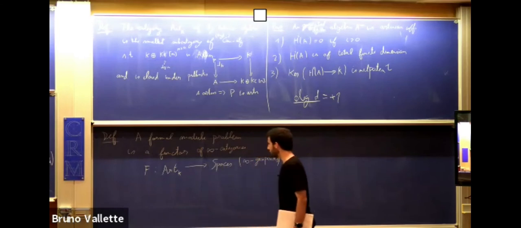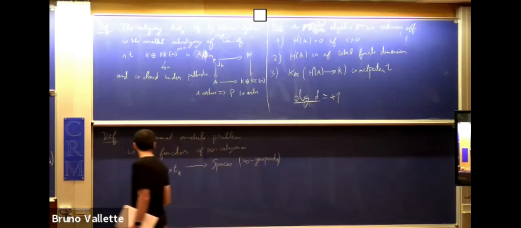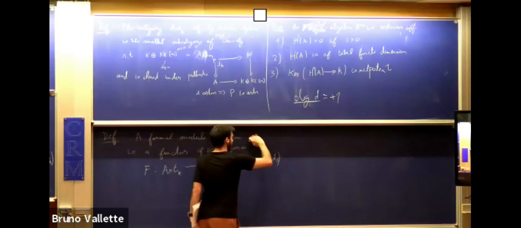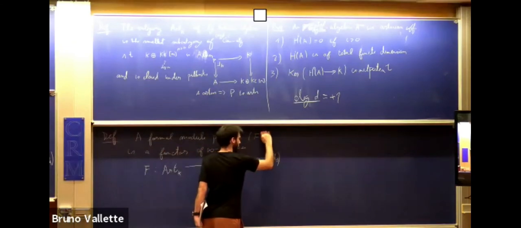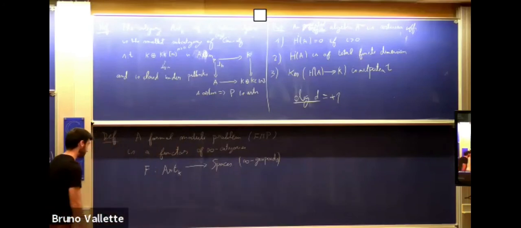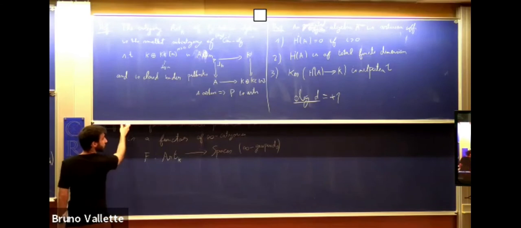So what we require from a functor of infinity categories to be a formal moduli problem, which by the way I will from now on just write FMP, is first a normalizing condition.